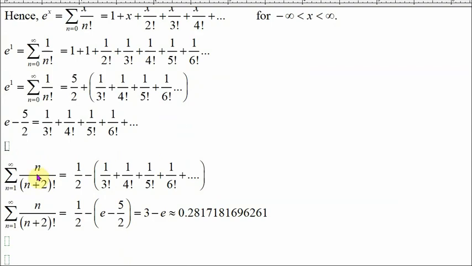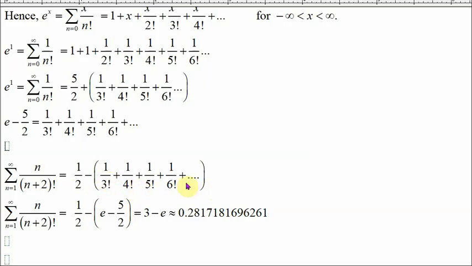Earlier, a few moments ago, we got this result right here: the series with n over (n plus 2) factorial is 1/2 minus (1 over 3 factorial plus 1 over 4 factorial and so on).